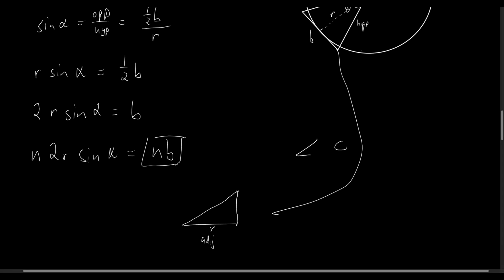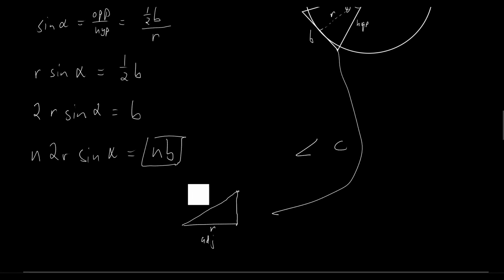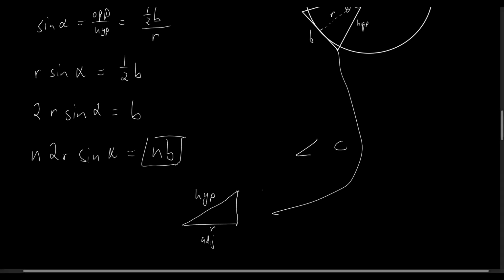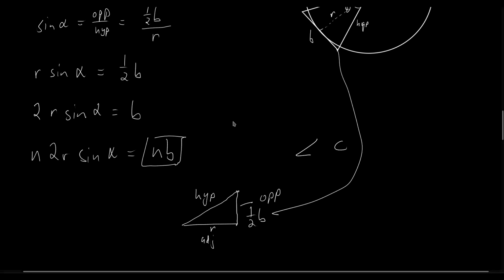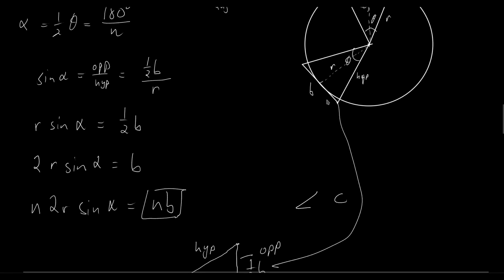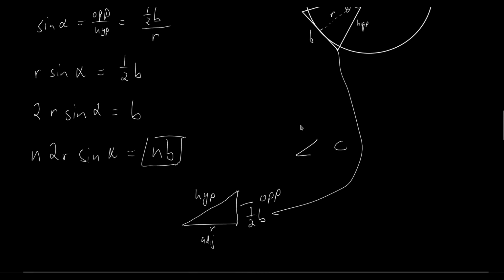The hypotenuse is equal to the vertex here, and the opposite here is equal to half of the base of this circumscribed polygon side.